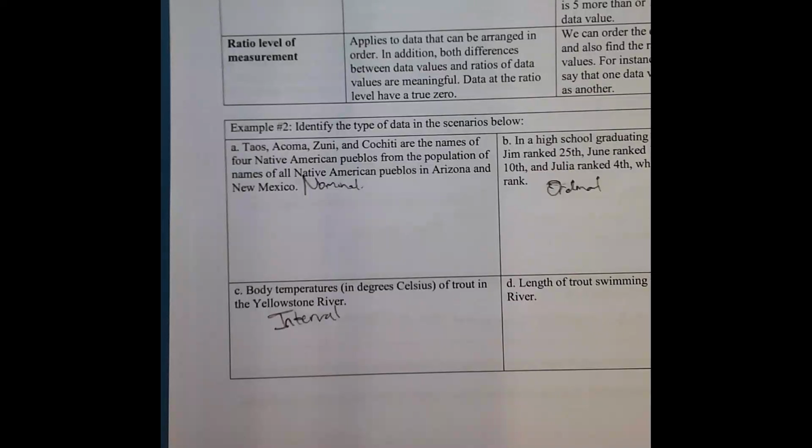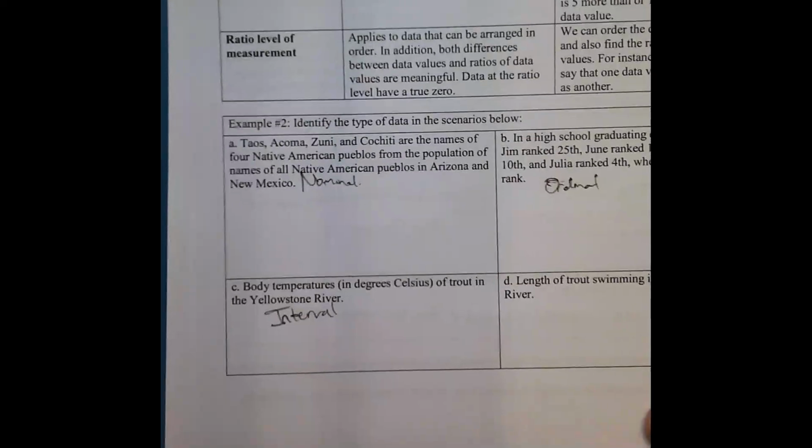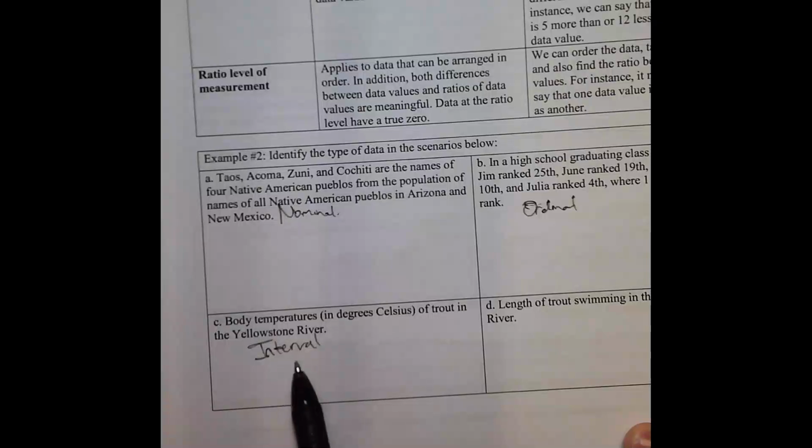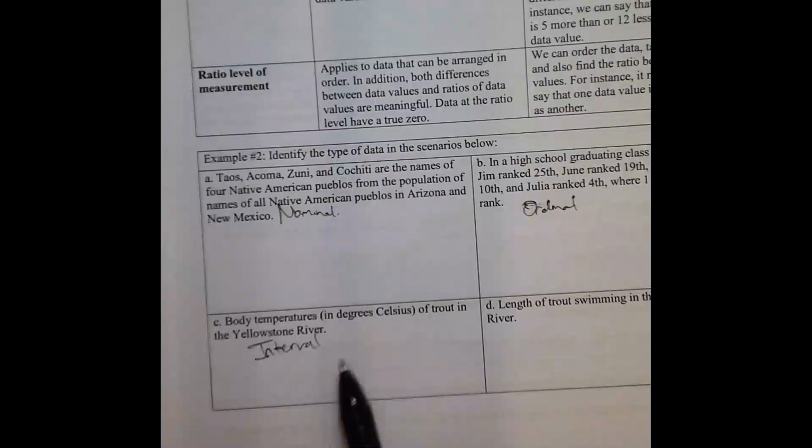But the problem is that there's no inherent starting point, which means there's no true zero. That's what keeps this from being the highest level of measurement, because there's no true bottom of temperature; technically it can go down forever.